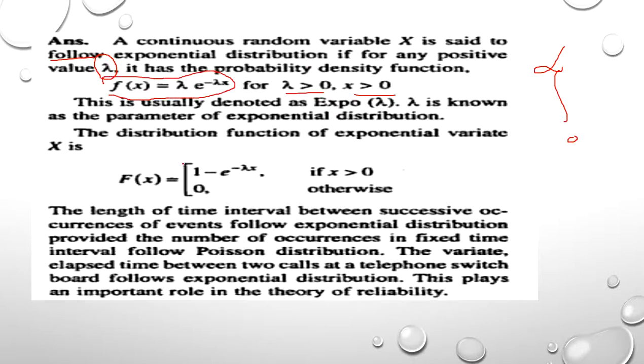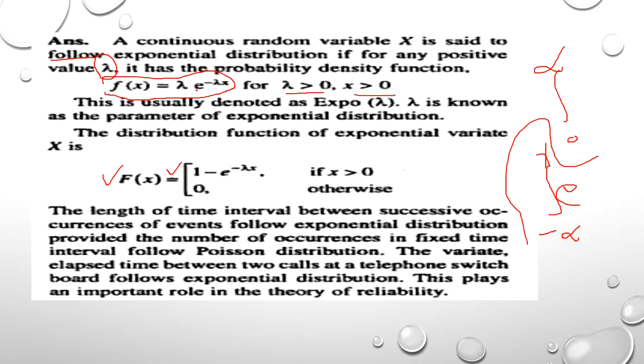Then for the CDF, how can we get it? CDF means integrating the PDF of x from the lower limit to x. When you perform this integration, you get 1 minus e power minus lambda x.